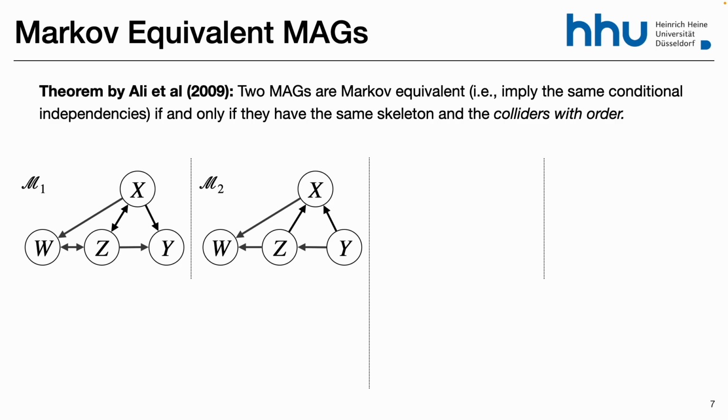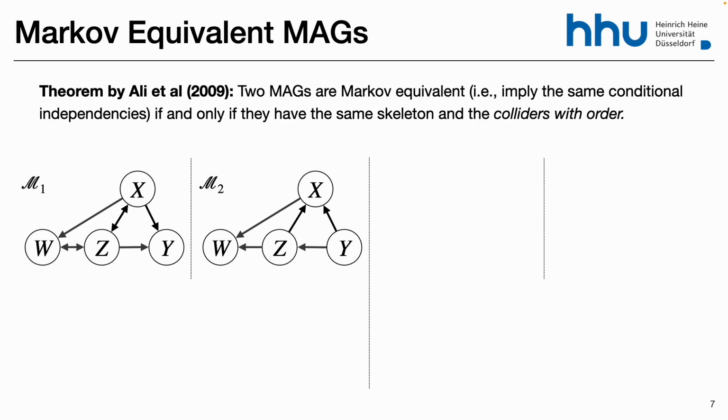No unshielded collider. Is there any other collider of a higher order? Discriminating path. All these colliders should be the parents of this. Can you see any discriminating path? It's a collider path where all the colliders are parents of the last variable.